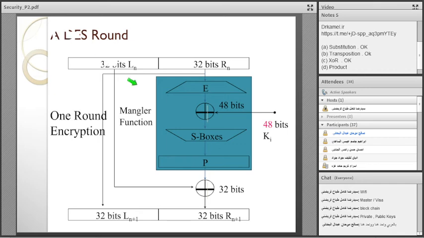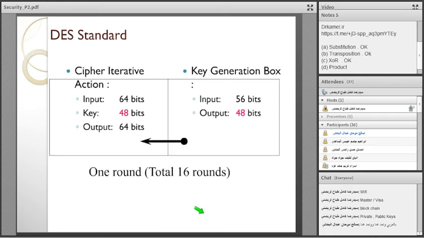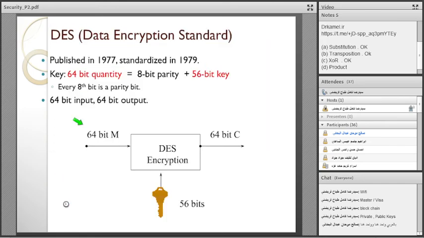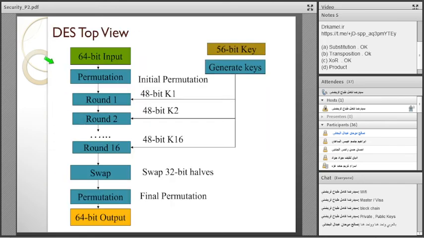We get 48 bits of the key, and also a new 56-bit key, which we put back here to get the next key. As long as you continue using this function and change the input, you will get a new key. So this is key generation. And then we have another box.